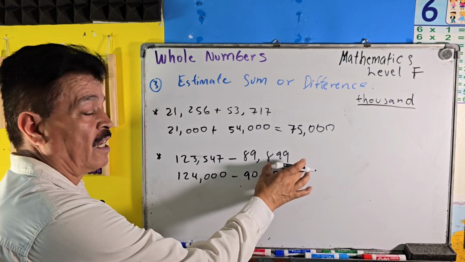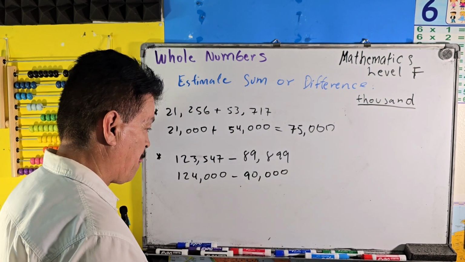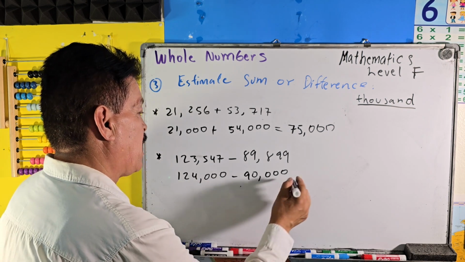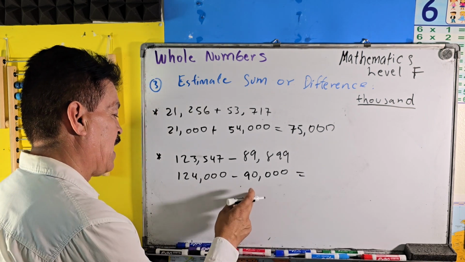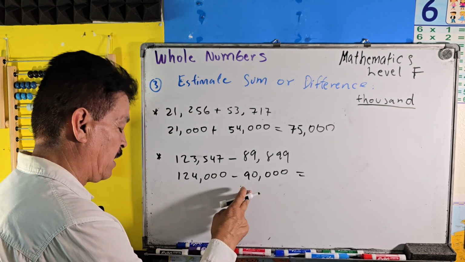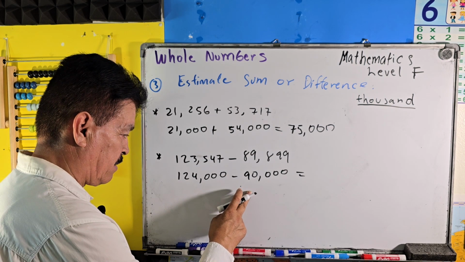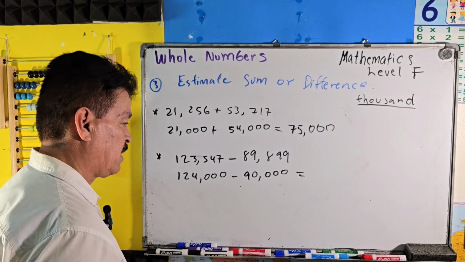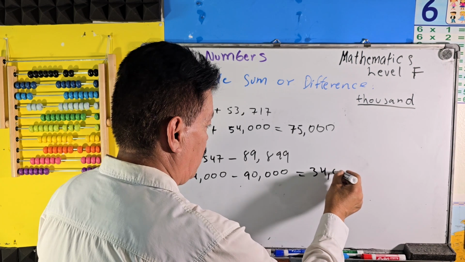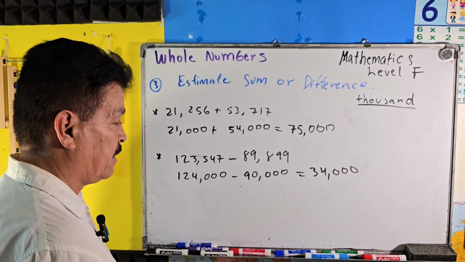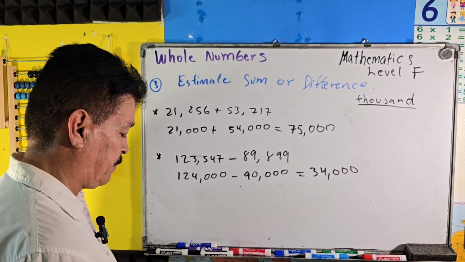It's over 500. So you subtract, 124 minus 90 is 34,000. See, that's the right answer.